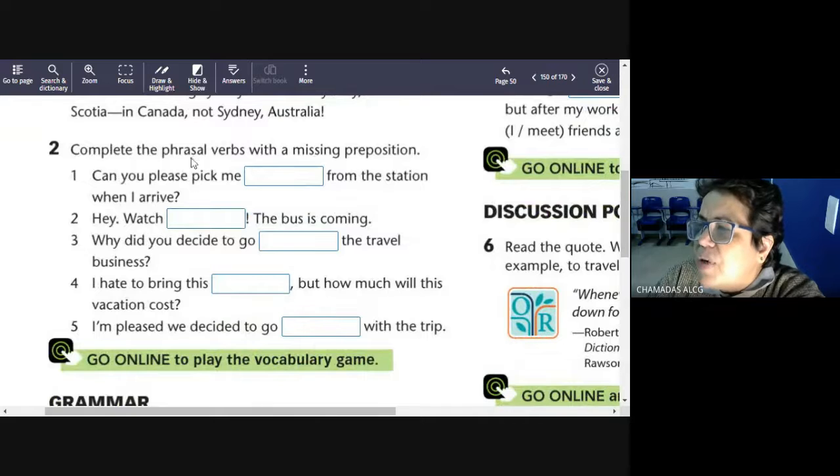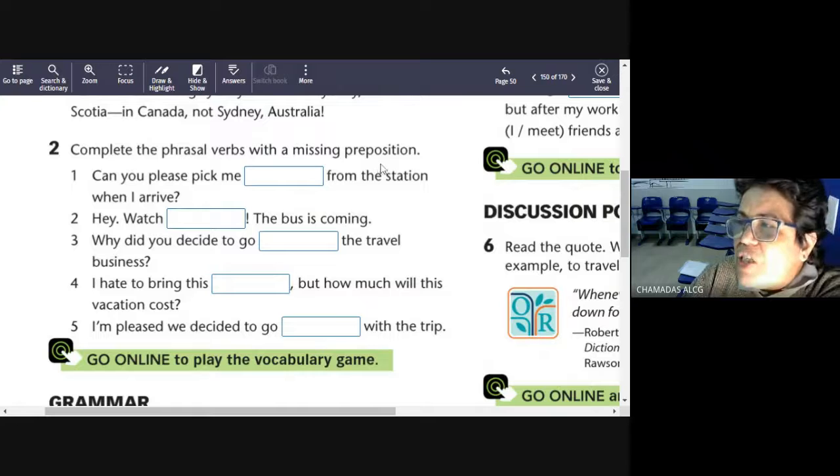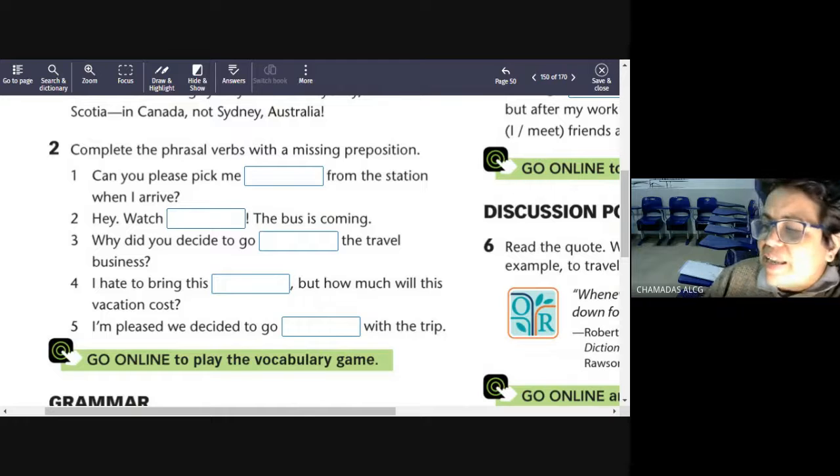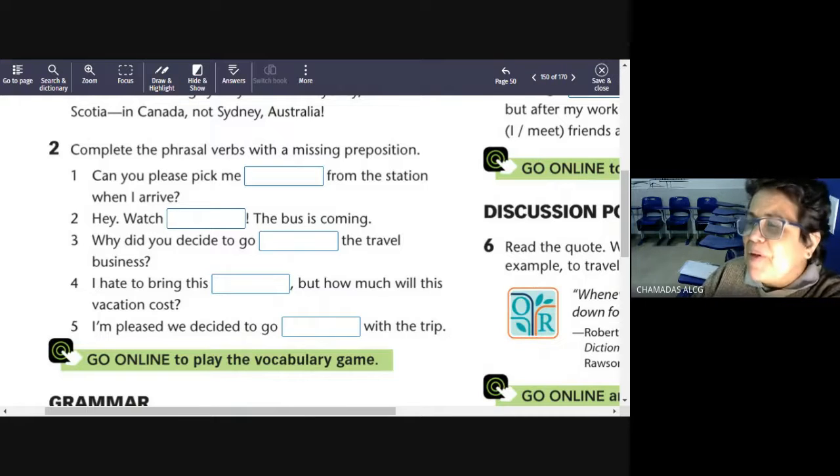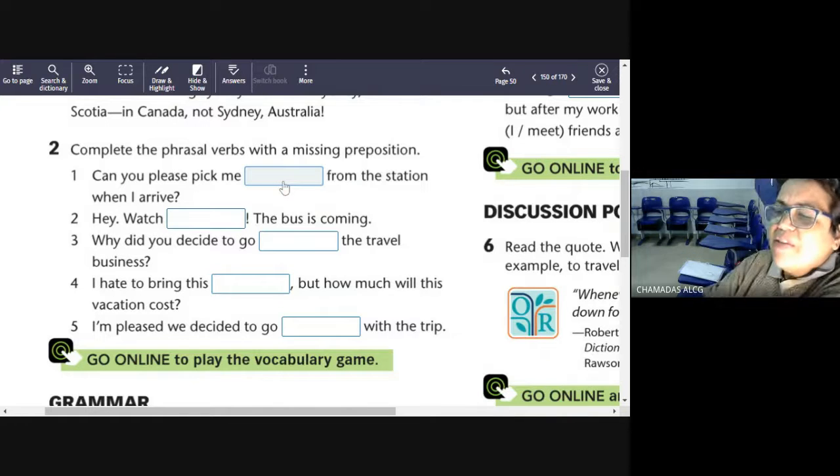Now, next one. Complete the phrasal verbs with a missing preposition. So we have some verbs that have a preposition, and let's try to remember them. The first one, can you please pick me from the station when I arrive? What do you think?